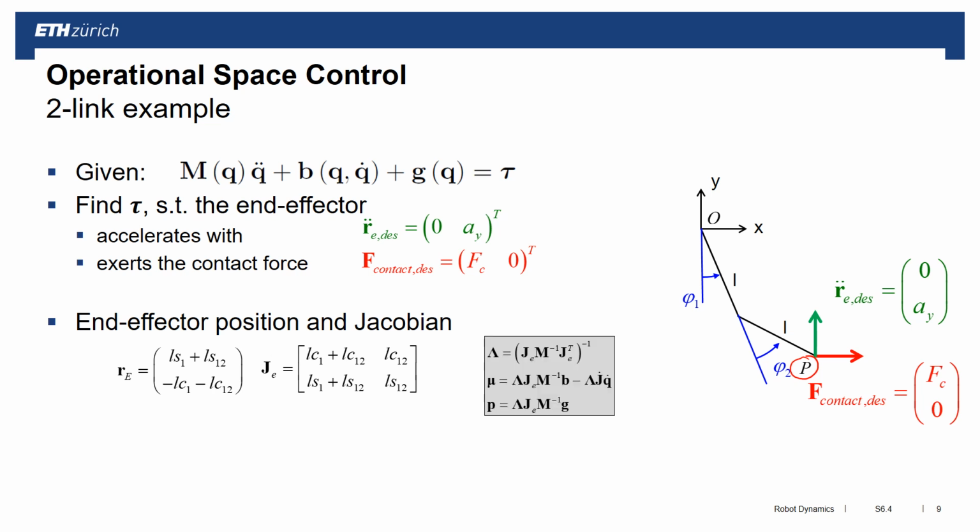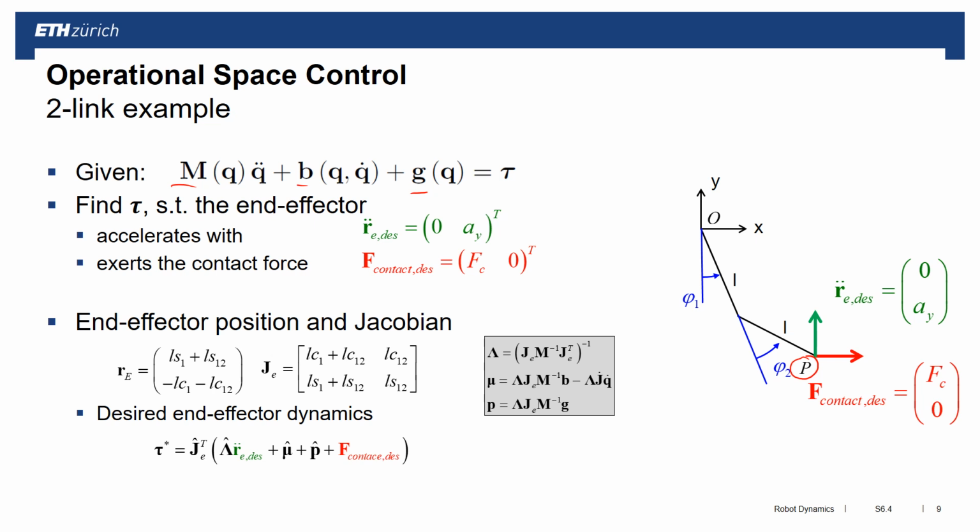And that allows us to then identify lambda, mu, and p, which are only a function of these known parameters up here, and the mapping with J plus some term which has a J dot in there. And then we are applying the operational space control formulation that we have seen before.